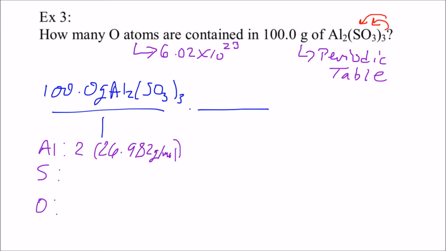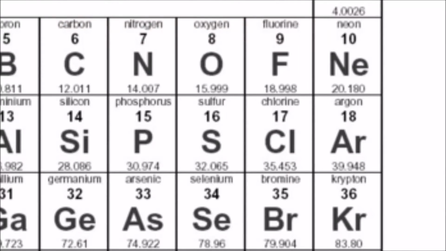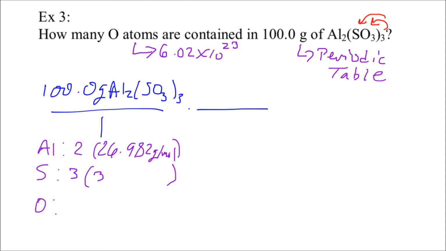We said that this 3 here is going to multiply inside, so we've got 3 sulfurs. So we're going to say 3 times, now we need to go find the molar mass of sulfur. Sulfur is 32.065. So we're going to put that right in here. And make sure to include the unit.